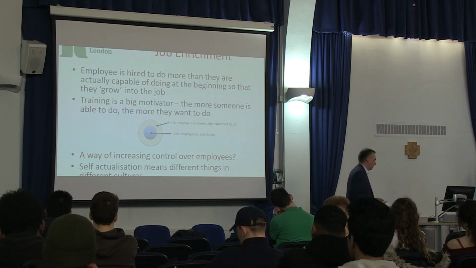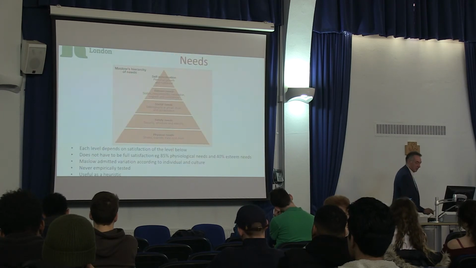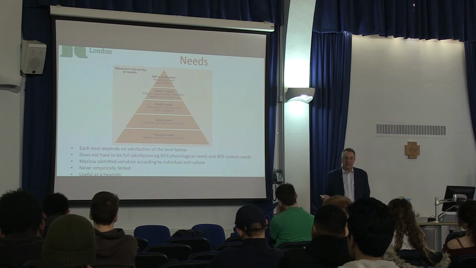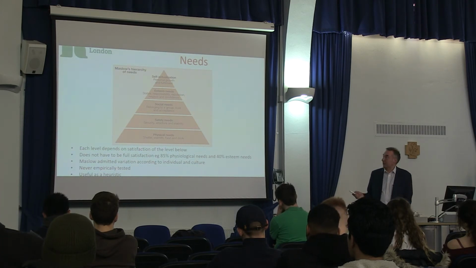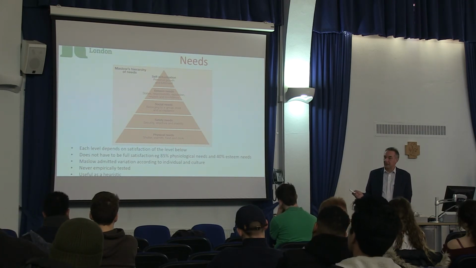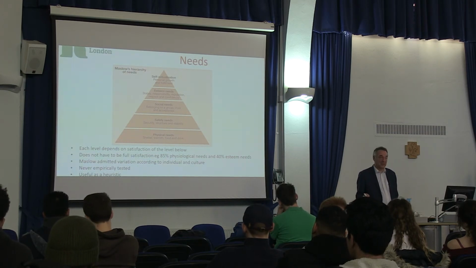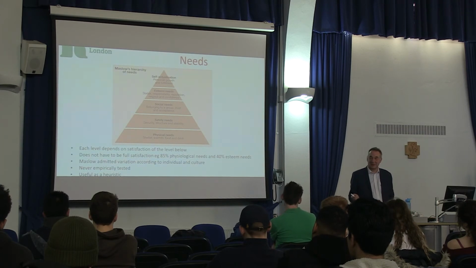If we can just go back to Maslow's pyramid, one of the points about this is that self-actualization will mean very, very different things to different people. To one person it might be playing the guitar. To another person it might be religious observance. To somebody else, it might be that they're a serial killer and killing more people is their self-actualization.